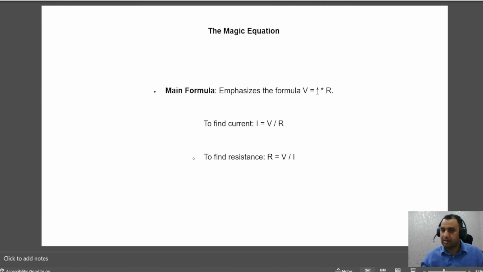But if we know voltage and current, we can get the resistance by bringing R to this side and dividing voltage by current. And the same applies here as well. If we know the resistance value and voltage value, we can bring the current to this side, and divide voltage by the resistance to get the current value.